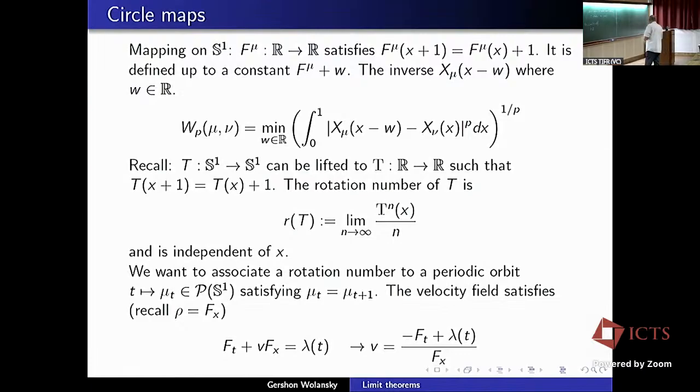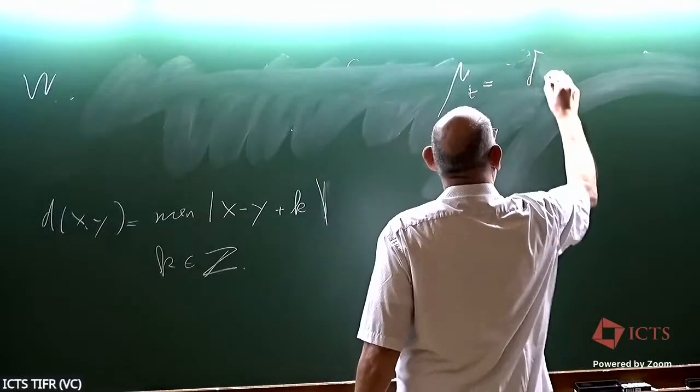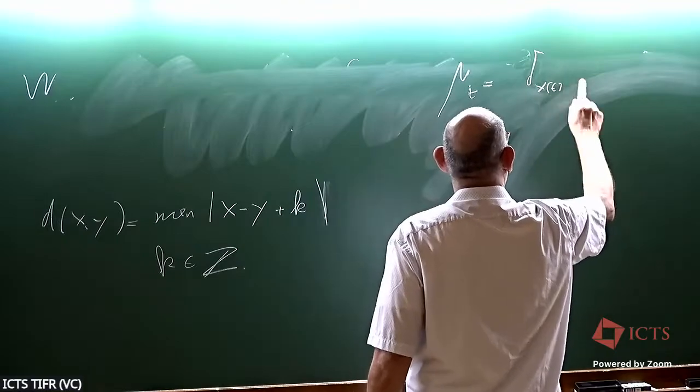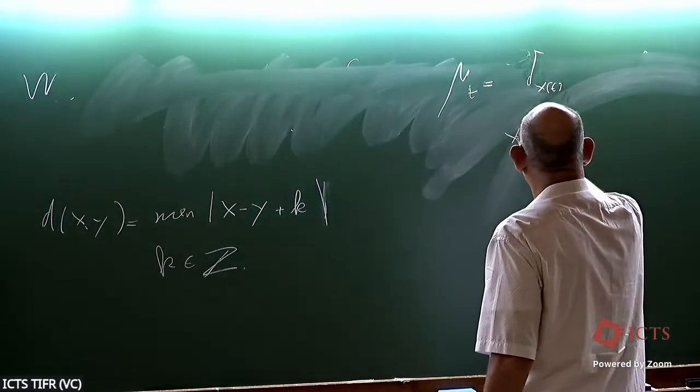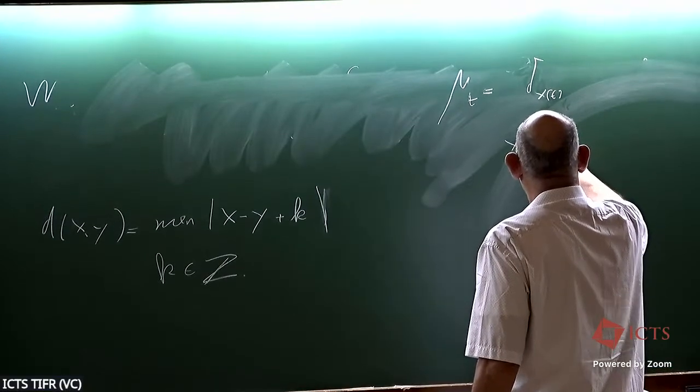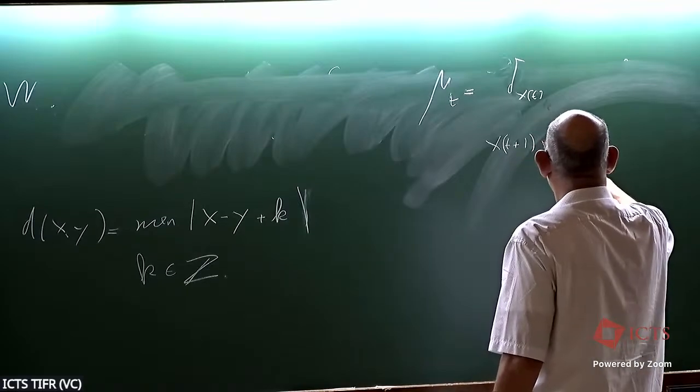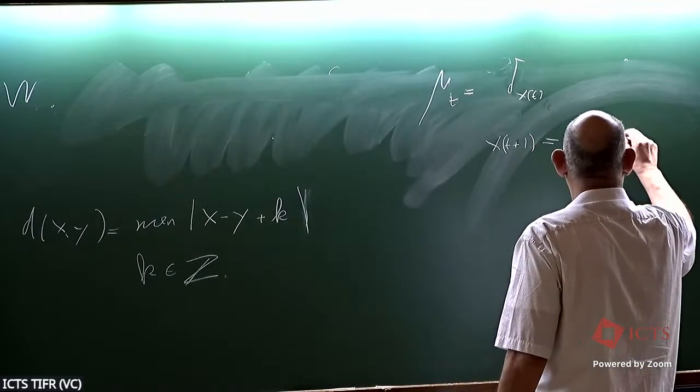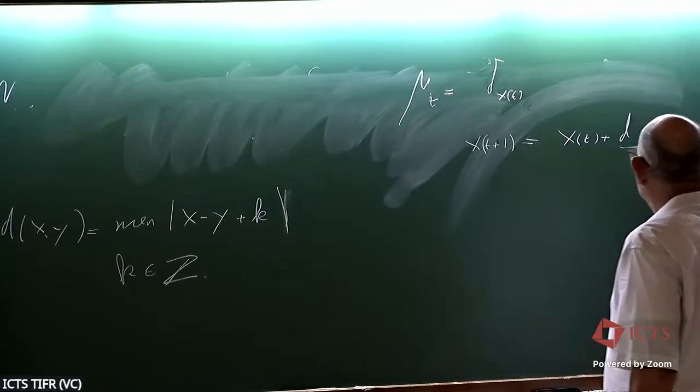So let us consider a very elementary case where mu t is just an orbit of a delta function, one particle. So suppose mu of t is a delta function concentrated on orbit x of t, then x of t is a periodic orbit of the circle, so x of t plus 1 equals x of t plus d, and d is an integer.